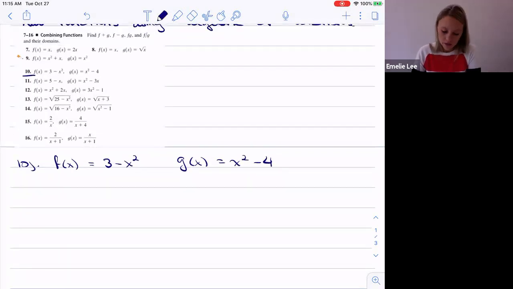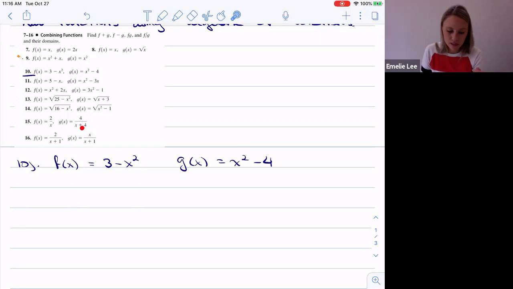Okay, so each of these is going to have a domain, right? As soon as we have a polynomial, it has the domain of all real numbers, right? And so the only time that we have restrictions on the domains is if we see something like a square root or x in the denominator of division, right?